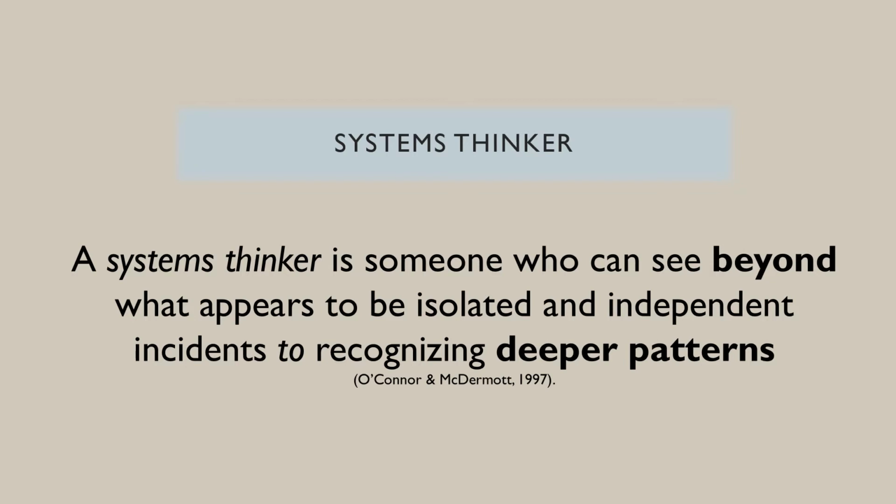In essence, systems thinkers know how to take a balcony perspective. They know how to step above the entire organizational social system and look at it from a different point of view. And they're able then from that perspective to see different places where the system can be intervened and hopefully a change can be made.